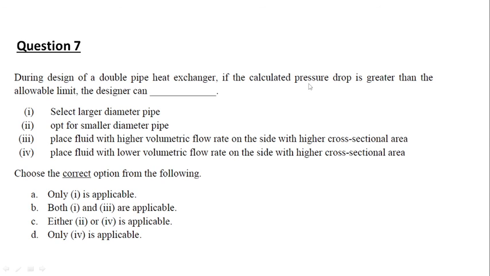Sir, I have a doubt. If we increase the volumetric flow rate, there is an increase in the velocity. So how is it possible to reduce the pressure drop? Here they have told along with increasing the volumetric flow rate on the side.